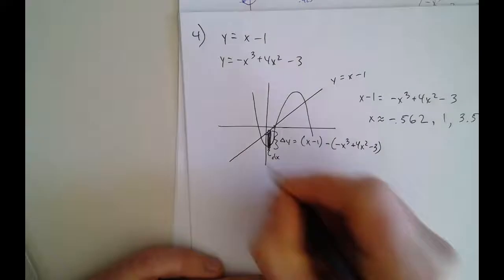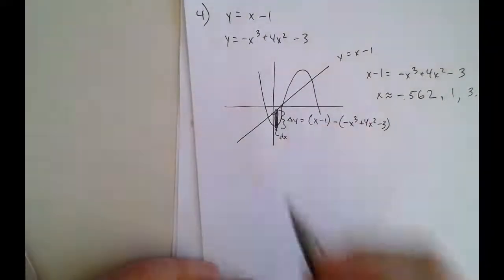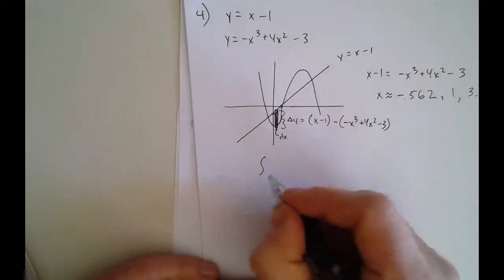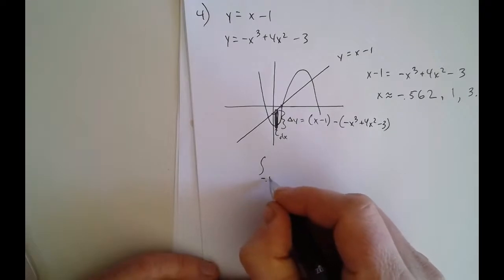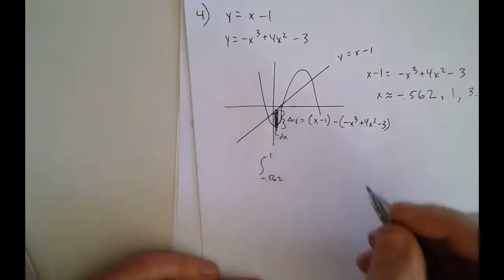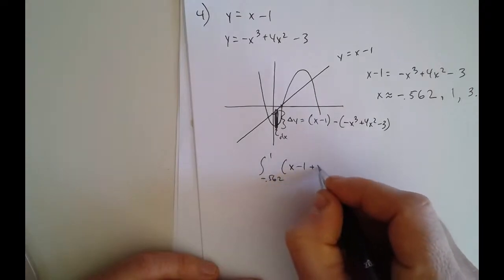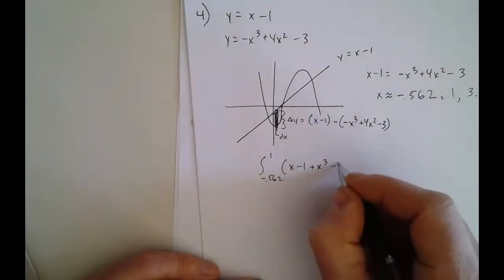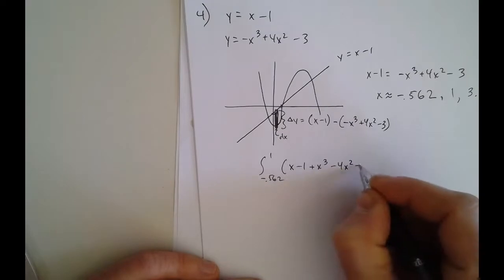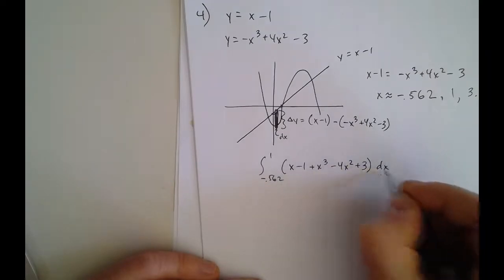So that's the area of that rectangle. And if we want to do the infinite number of rectangles, it would be between negative 5.62 and 1, and then we would have x minus 1 minus the cubic, x cubed minus 4x squared plus 3, dx.